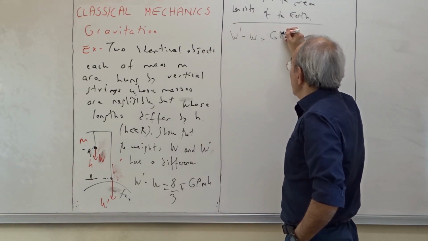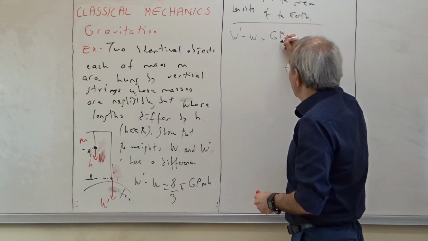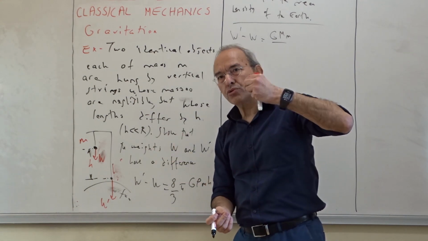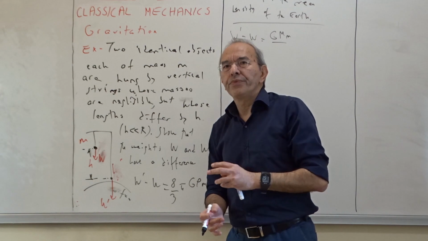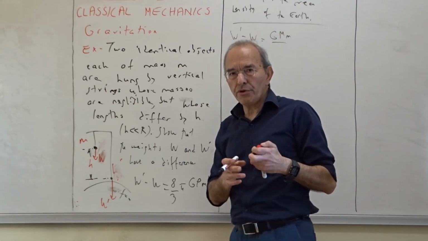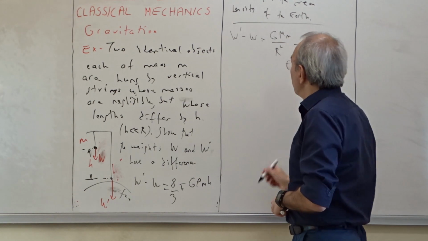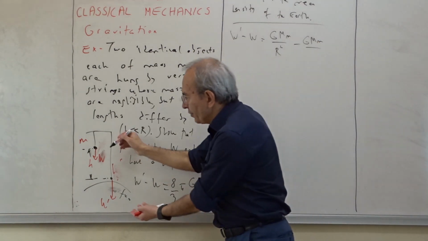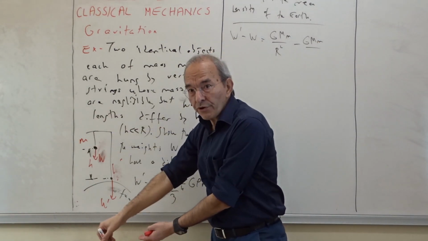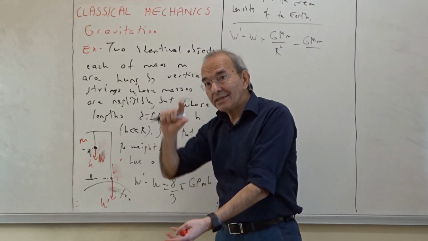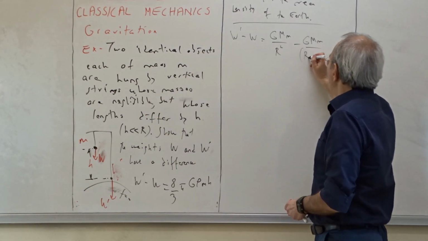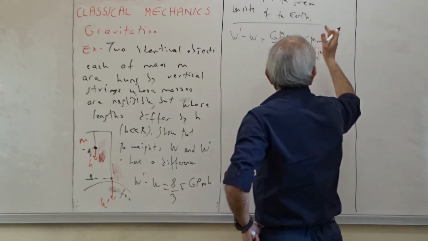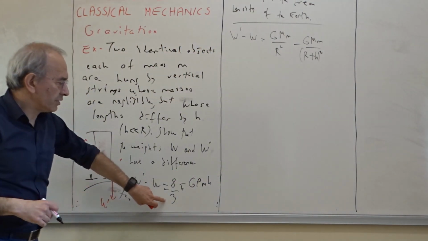One is G, mass of the Earth, mass of the object divided by only the radius of the Earth, because from center to center the distance is capital R, which is the mean radius of the Earth, divided by R squared, minus the same terms appear here, G and M, but divided by the distance between the upper object and the center of the Earth, which is the radius R plus the additional h. So it is R plus h squared. Now we continue as follows. We can take the constants away. In the result, of course, there's no R.